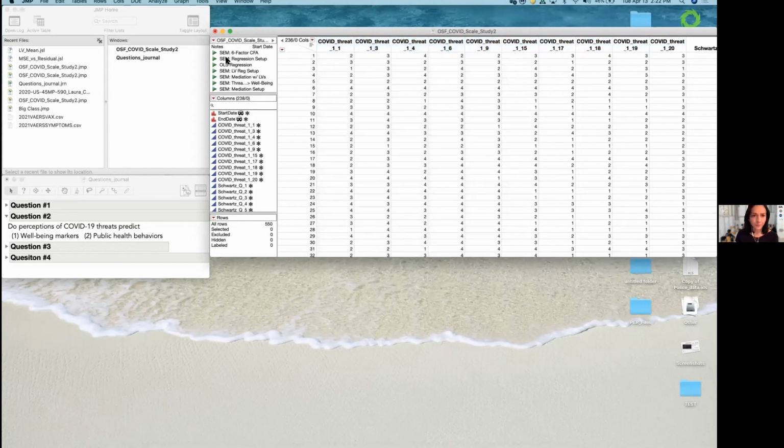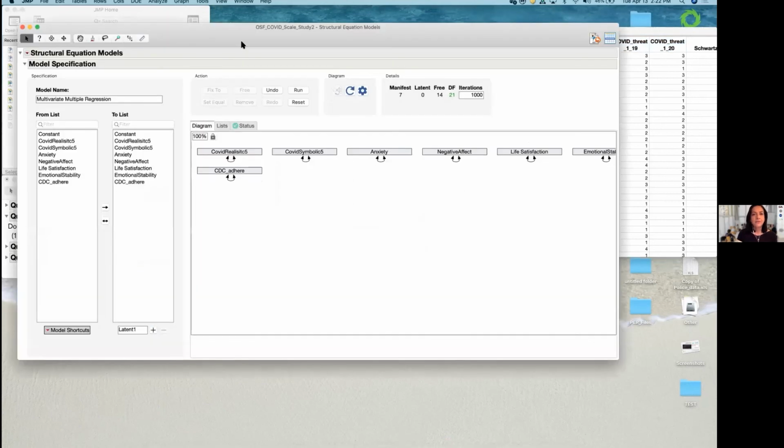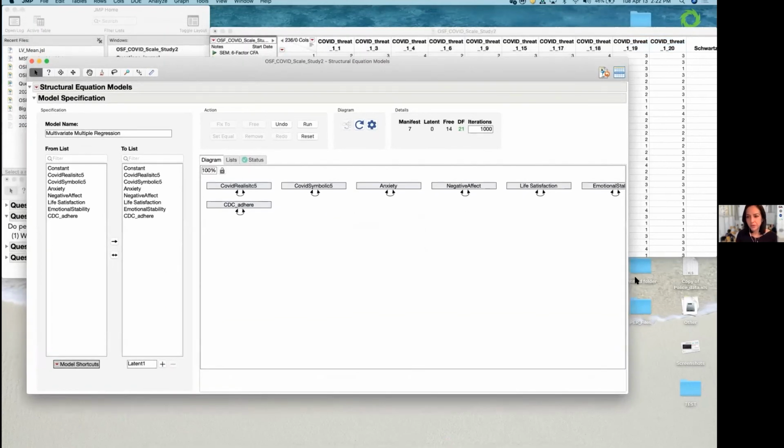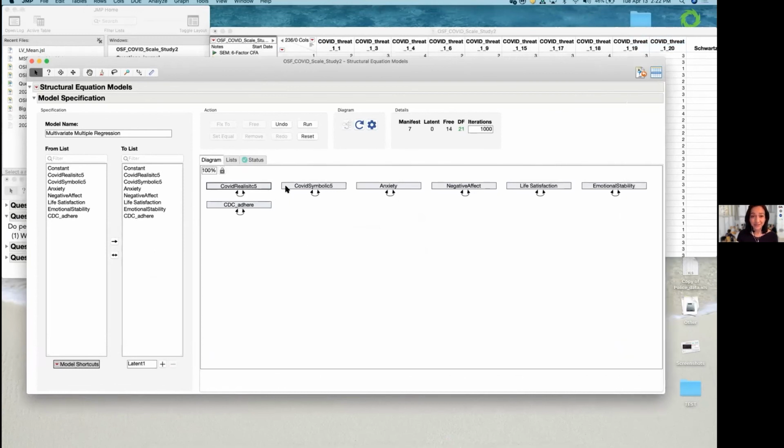I already have a saved script where I have those averages. Notice they're right here: there's the realistic 5, because there were 5 items that were averaged, and the symbolic threats. Now these are rectangles because I made them observed variables, because I just averaged all of the columns in the data.